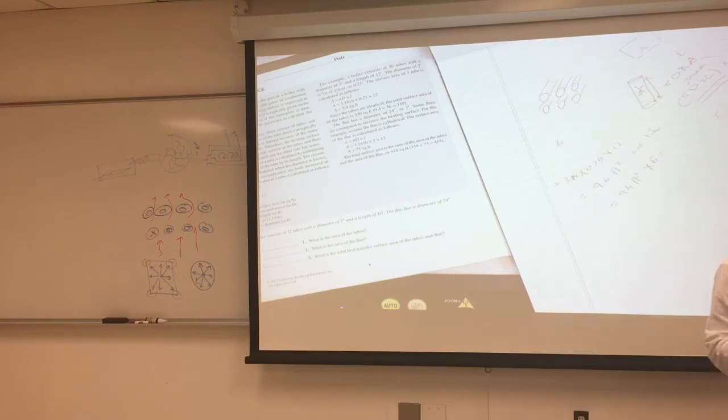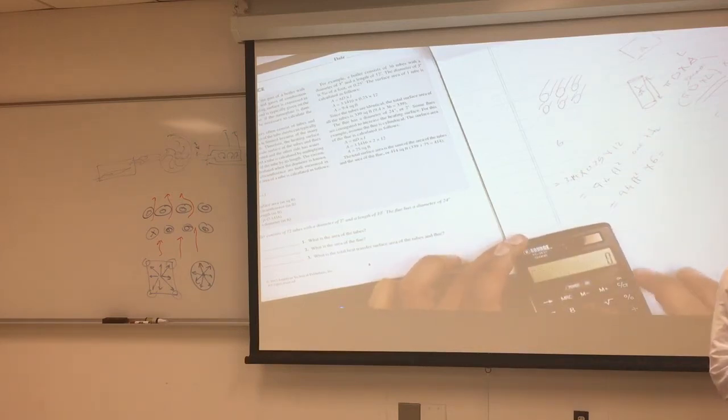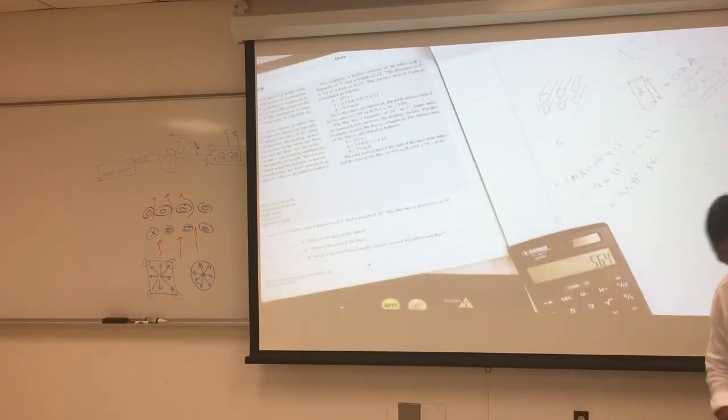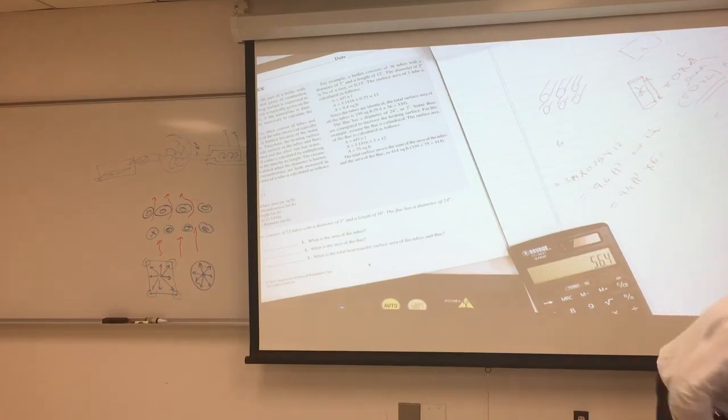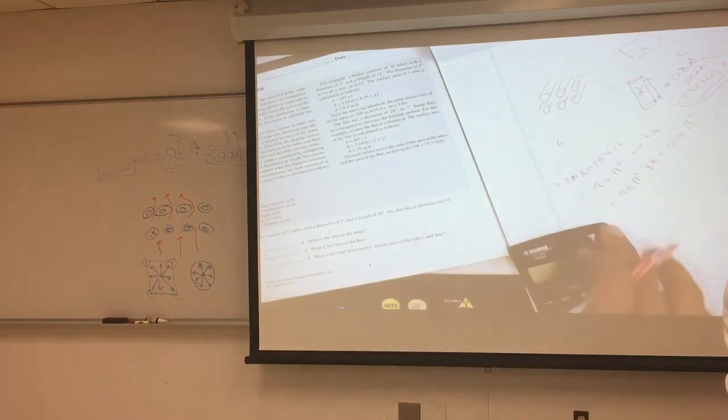So I'm going to use my calculator. 9.4 times 6 is 56. So 56.4 is my total surface area.